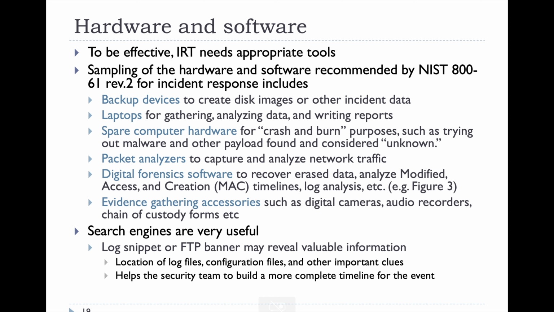So we want to gather as much evidence as we can if we know someone that is a suspect of this attack, and we can use digital cameras for that, we can use audio recorders, and we can also use chain of custody forms, which we'll see in the next slide. And also it could be very useful that we have search engines.